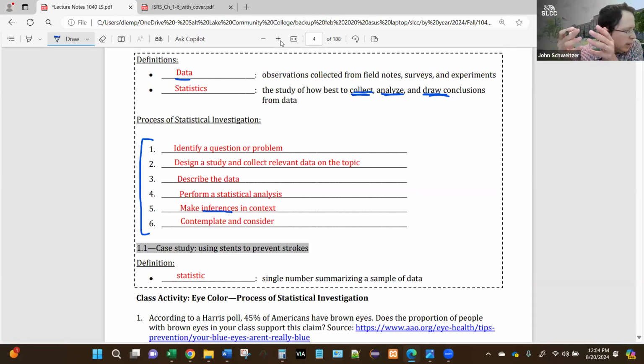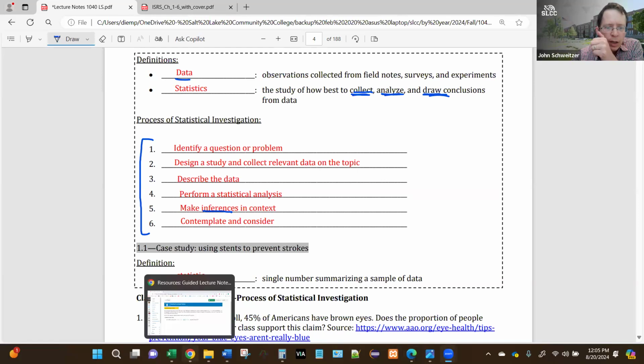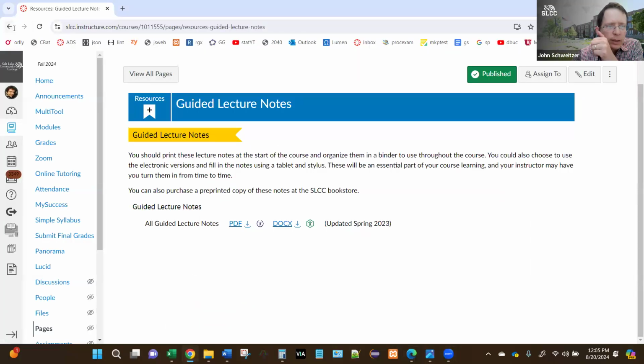So I want to look at an actual study that was done and use it to show you these 6 steps, how they would work in a real study. So go ahead and open the textbook, or at least download it.